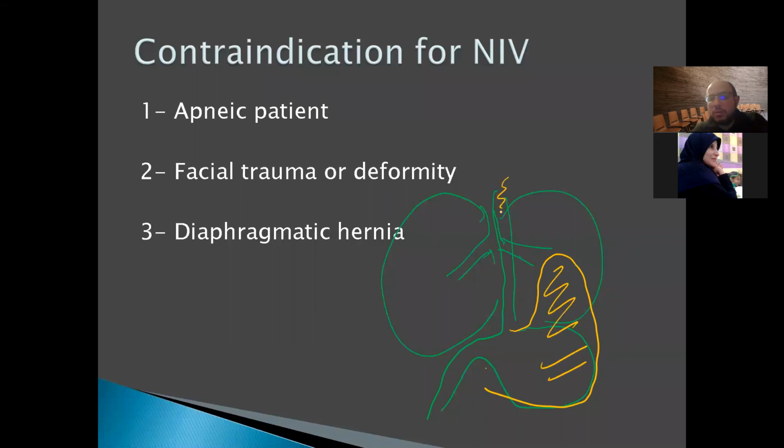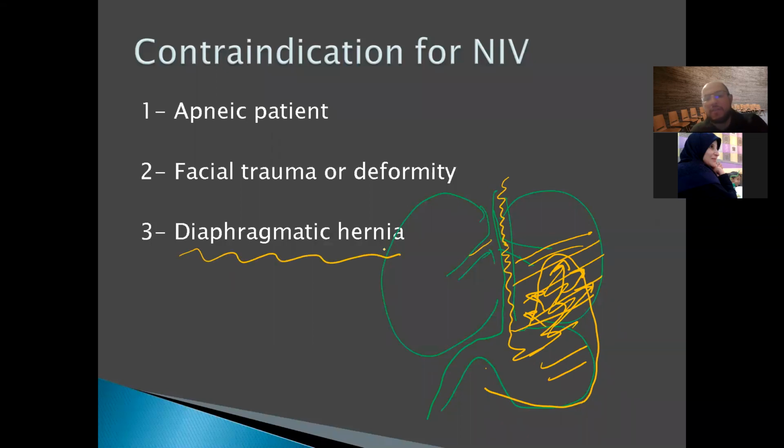You don't want to blow air that might go to the lung, might go down to the stomach and increase the tension in the organs, either stomach or bowel, and that causes more pulmonary hypoplasia. You don't want that. So once you are highly suspicious of a baby with diaphragmatic hernia, or you have a very good antenatal center where they can diagnose diaphragmatic hernia antenatally, then this baby needs to be intubated immediately.